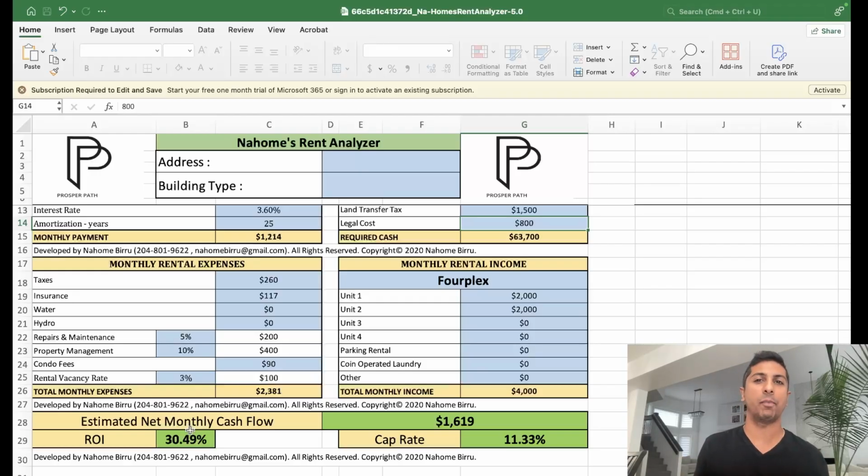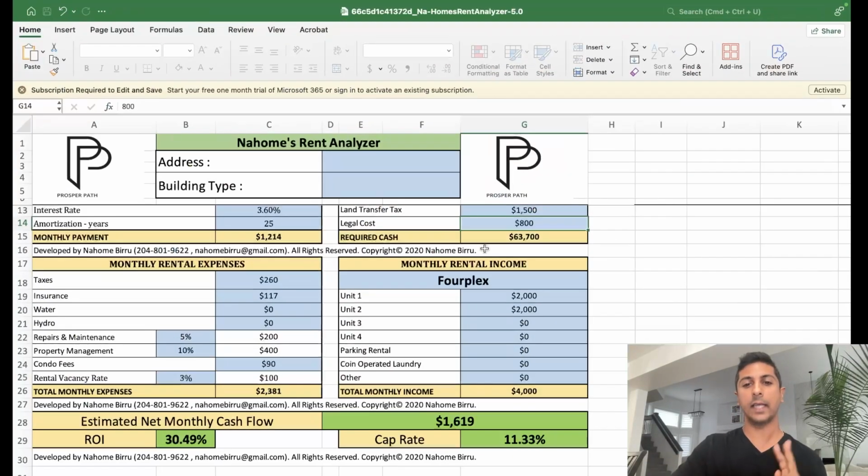If I'm only making 5% ROI or 4%, to me, that's not a good deal. I can do better than that in the stock market. For you, that might be different, but I always suggest you want to be making at least 10, 12, 13, 14%, even more on a property.